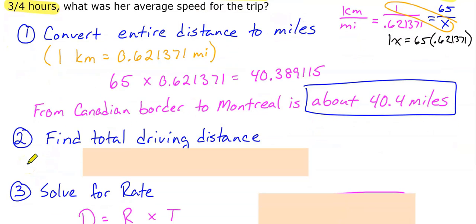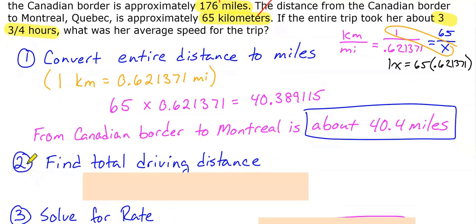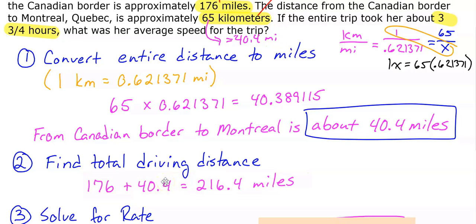Okay, so the next thing is we want to find the total driving distance. So we know that they went 176 miles, and we also know that 65 kilometers is equal to 40.4 miles. So what we would do to find the total distance is add them together, and we would end up with a total of 216.4 miles.